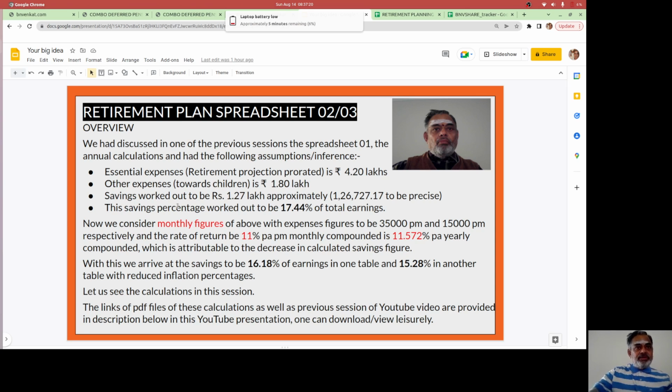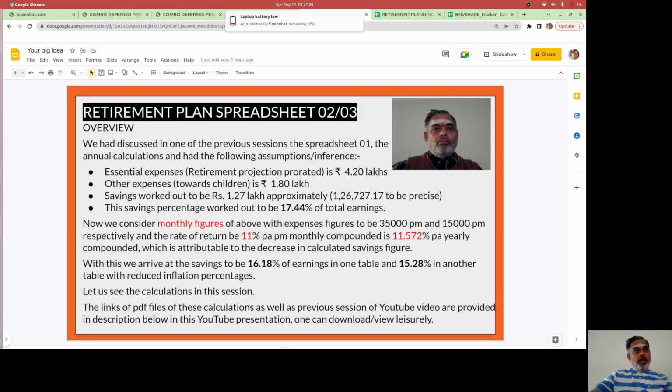This savings percentage worked out to be 17.44% of total earnings.